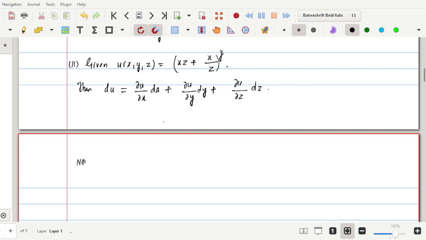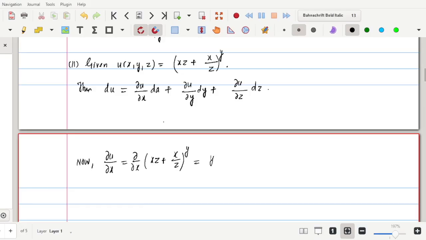So now, del u by del x, which is the partial derivative of the given function, (xz plus x divided by z) power y, with respect to x. When we are taking the partial derivative with respect to x, we have to treat z as a constant and y as a constant. First of all, we apply the rule for the derivative of x power n, which is n x power n minus 1.